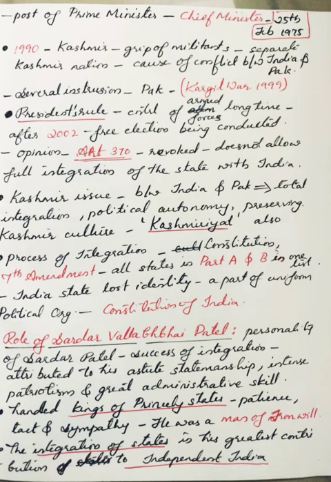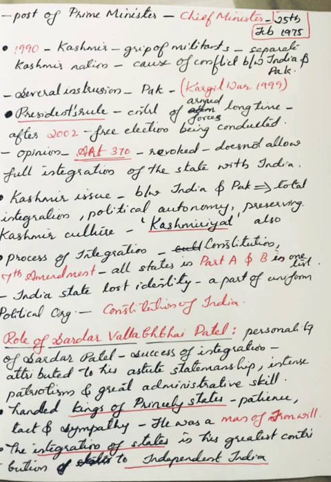By 1990, Kashmir came under the grip of militants who were demanding a separate Kashmir nation. It remained the cause of conflict between India and Pakistan. Several intrusions were made by Pakistan, including the Kargil War of 1999. In the meanwhile, it was under presidential rule and under the control of armed forces for a long time.